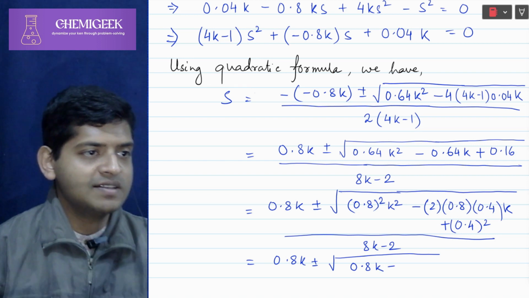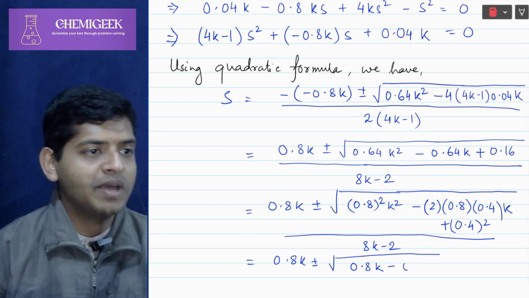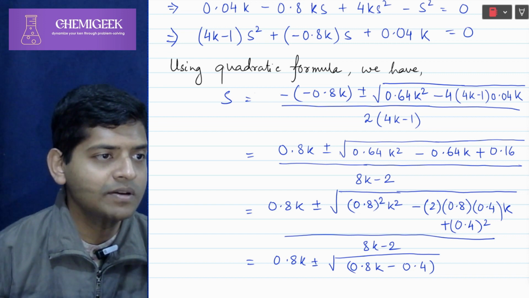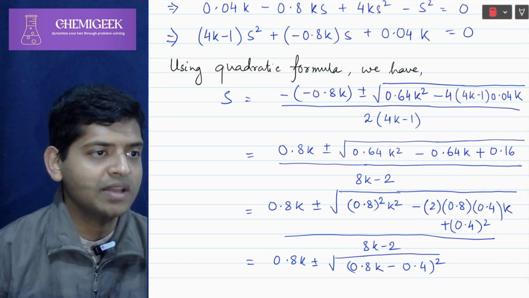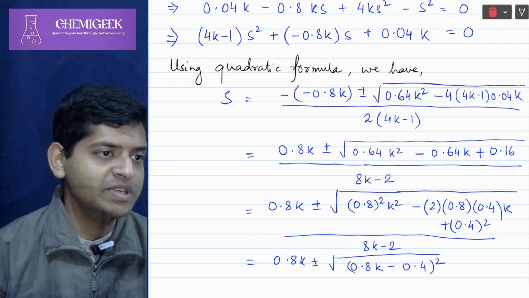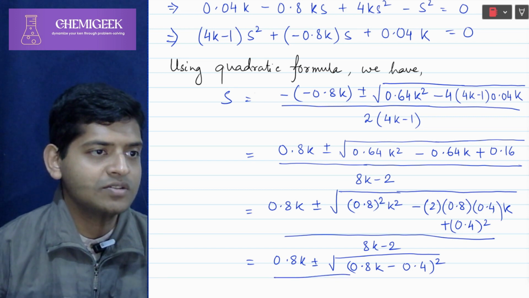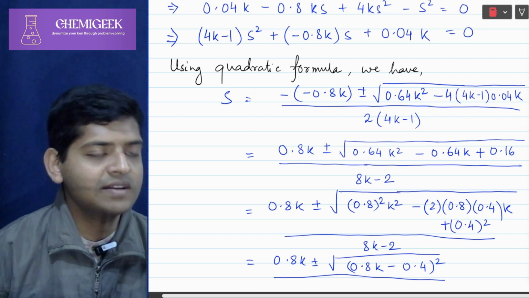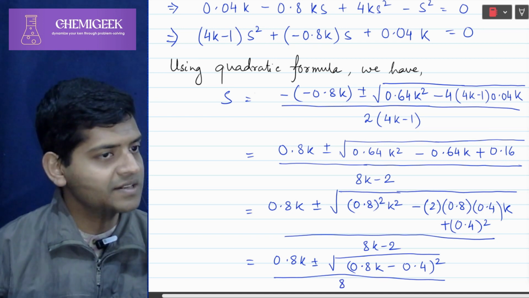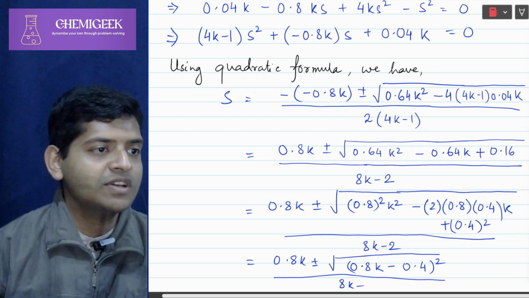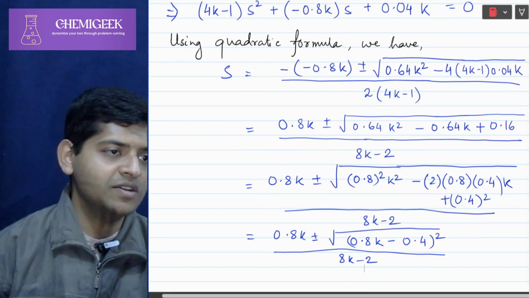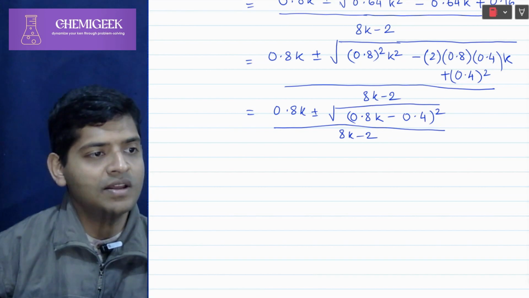See, this is in the A square minus 2AB plus B square formula that we have written everything in the previous step as, right? So yes, A is also present. A is here 0.8 and B is here 0.4. So if we use that formula, this can be simplified as 0.8K minus 0.4 whole square.